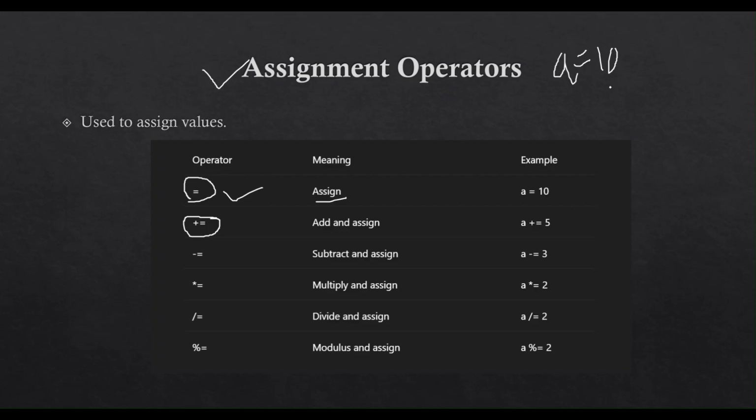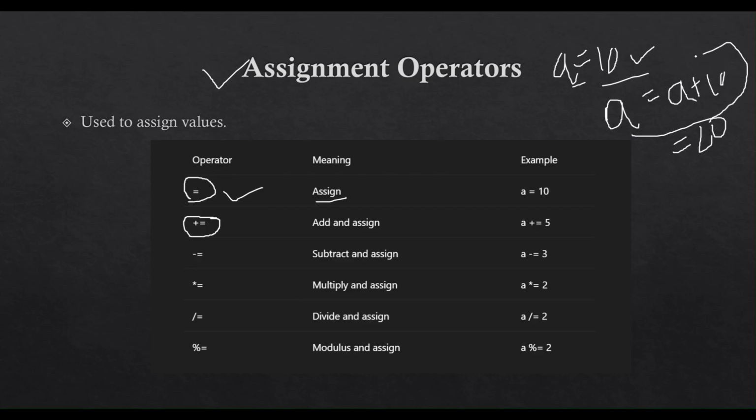And I want to change its value by adding 10 more. How to add this value? I can write a is equal to, I make its value 20. How do we make it 20? By adding another 10. So I have to write a is equal to a plus 10. Whatever the value of a, 10, I add another 10, so that it will be 20.